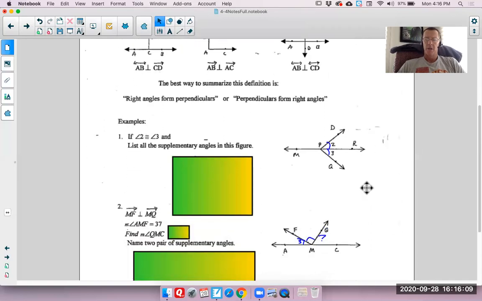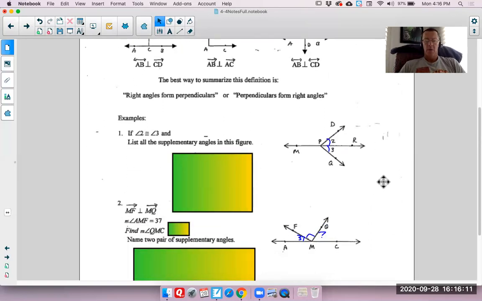All right, so let's look here. Example 1: if angle 2 is congruent to angle 3, list all the supplementary angles in this figure. So careful here, see if you can do that. I believe there are 4 sets.